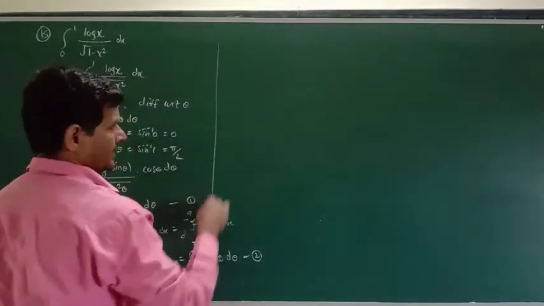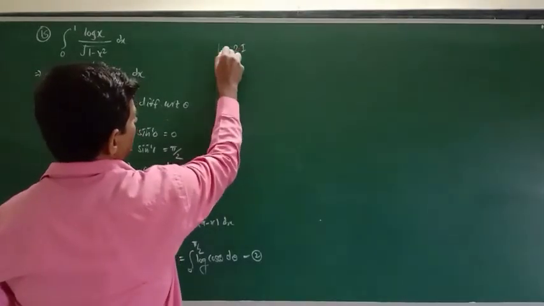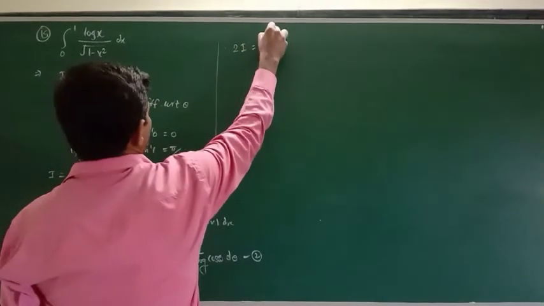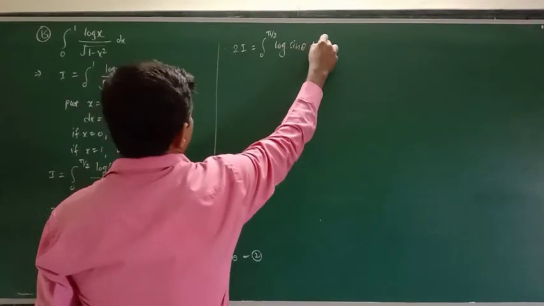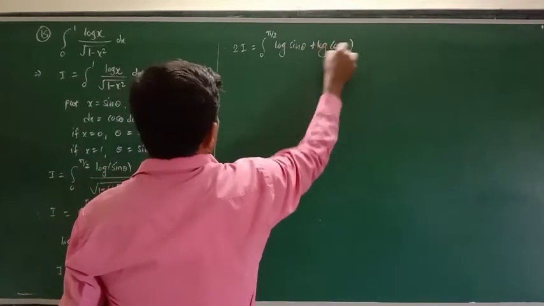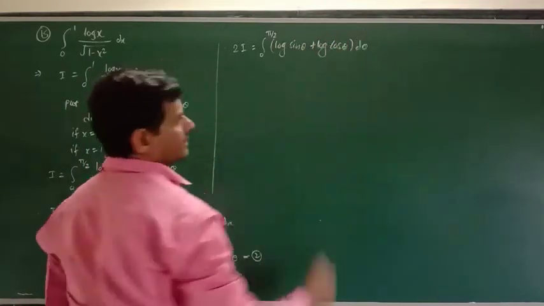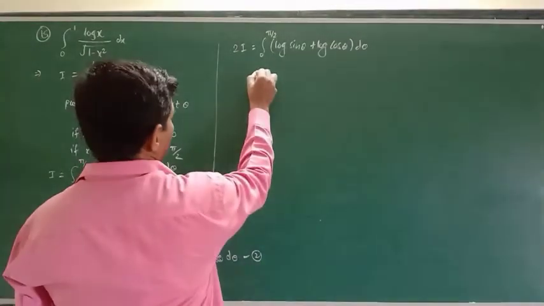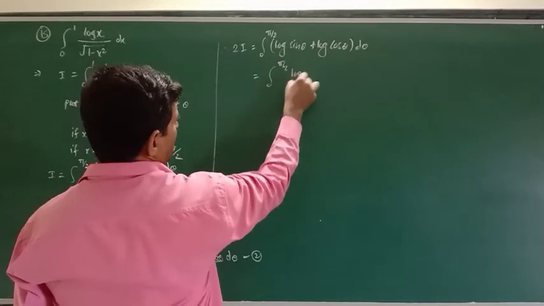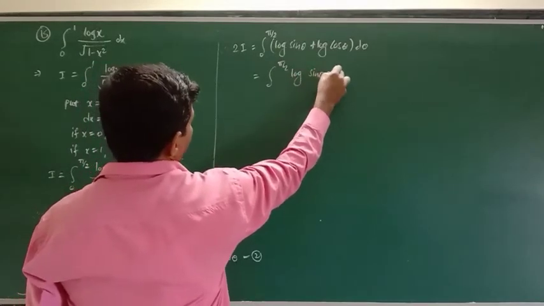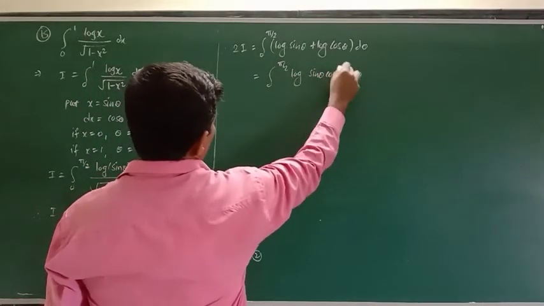Adding these two integrals, on the left side 2I is equal to the integral from 0 to pi by 2 of log of sin theta plus log of cos theta d theta. Addition of two logs, so by the property we get log of sin theta into cos theta d theta.